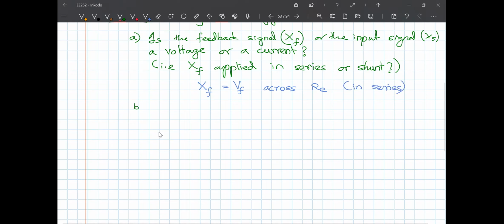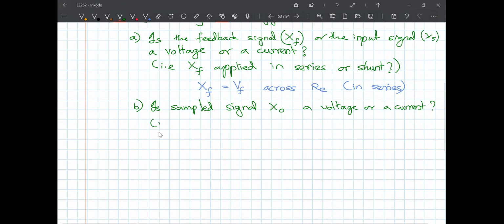Now, the second thing is the output. You have to look at the output also to identify the sampling network. Is the sampled signal X out, the output signal, a voltage or a current? That's the second question that we ask.